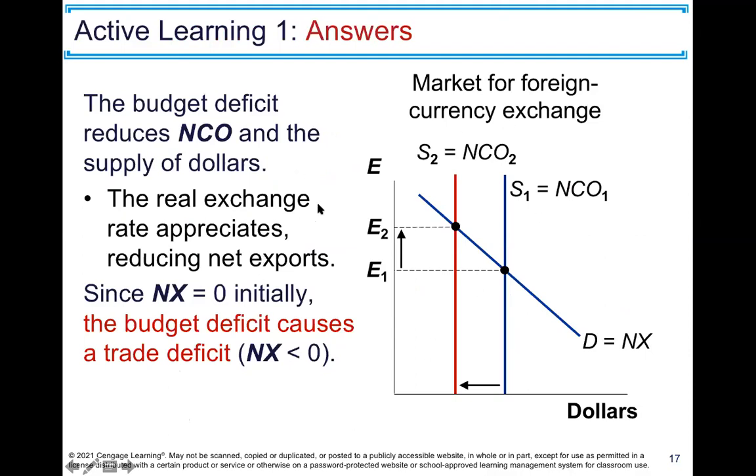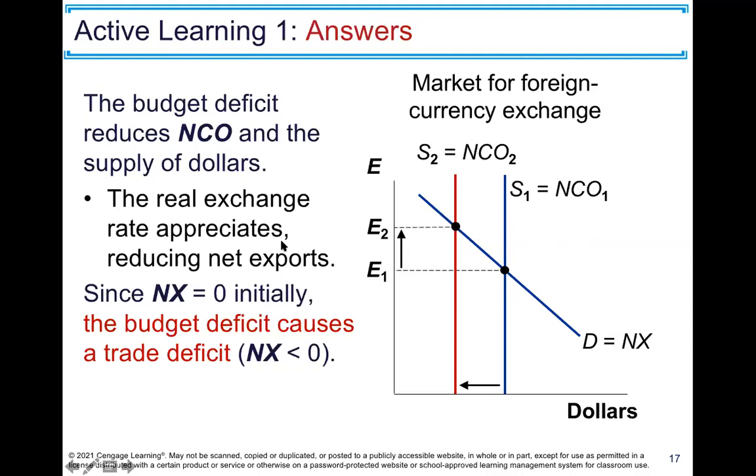Remember, this whole example was showing what would happen when the government runs a budget deficit. This was a pretty long story that started with the loanable funds market up in the left corner, moved over to the NCO market in the right corner, and then below the NCO market we had this third graph that we drew. So, three graphs, and we traced the effects: loanable funds, increase in the interest rate, change in NCO, change in NX, and an increase in E over here.